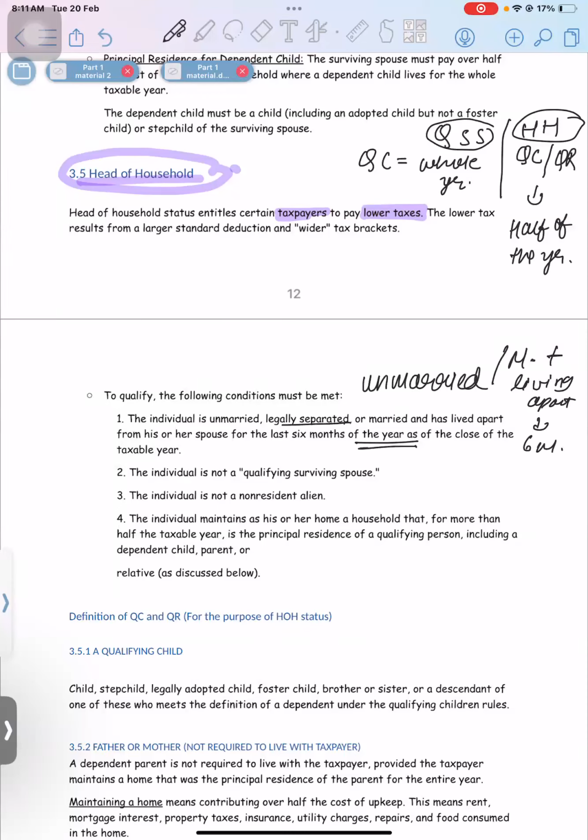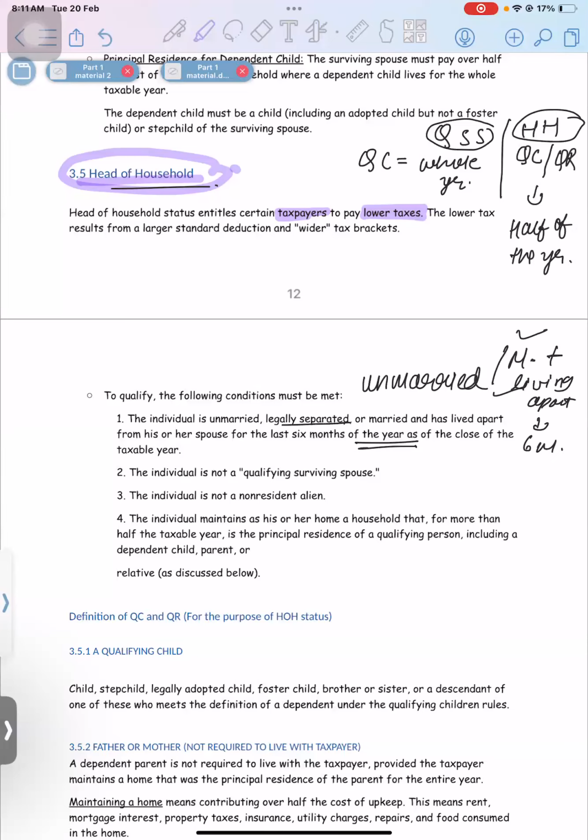For that particular taxable year, check the last 6 months of the year whether they are living apart or living together. If they are living apart, if they are married, they have the option to select the HOH. Only one person can select who is having a qualifying child or a qualifying relative living with them for half of the year. Okay, clear, guys?